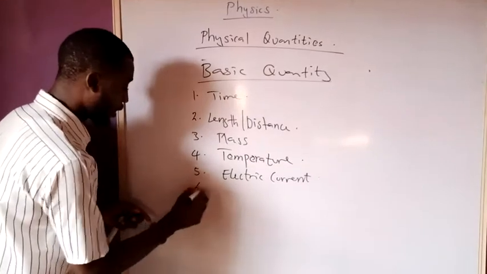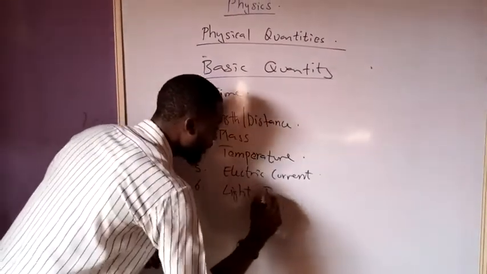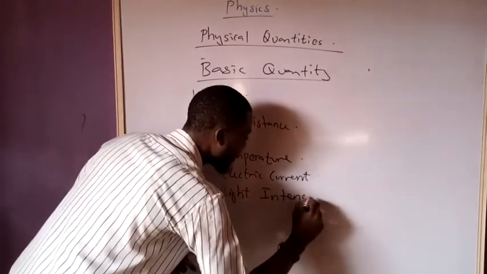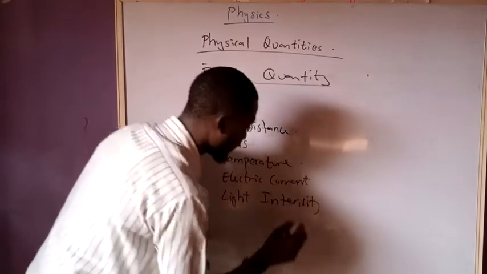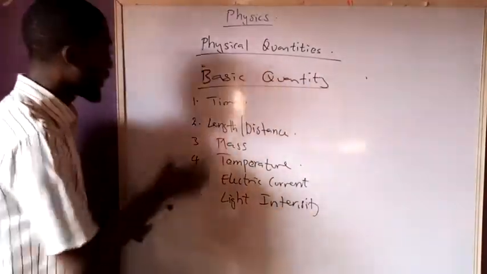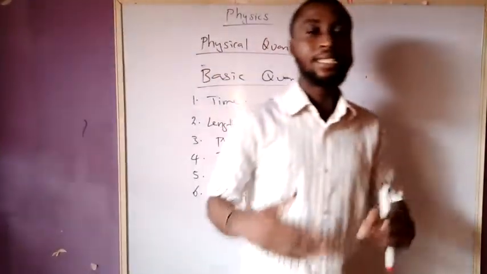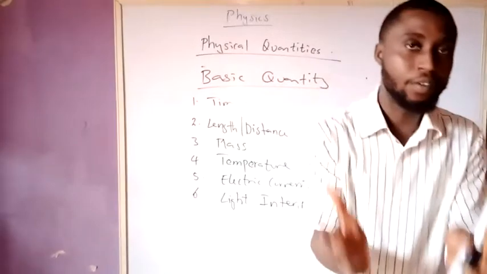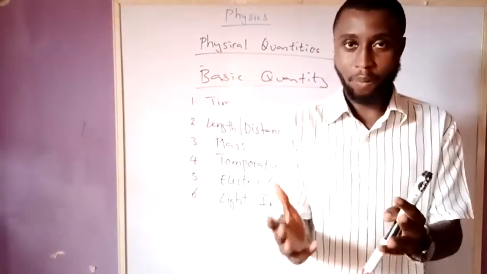And six, light intensity. Intensity is spelled I-N-T-E-N-S-I-T-Y. These are the six types of basic quantities you have. You cannot simplify these quantities any further. They are already in their simplest form.